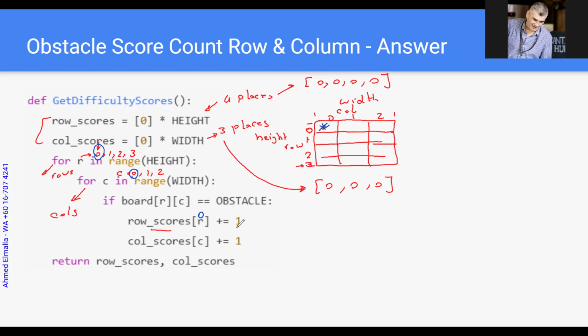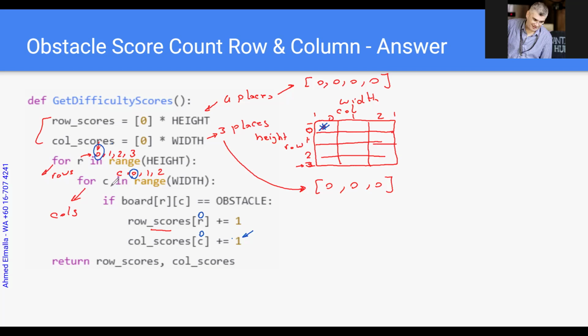And then we will also increment the column score at position 0, which is column 0, by 1. So if we have C0 here, and if you have an obstacle at this specific position, we will increment by 1, okay? So here at column 1, we will be incrementing by 1.